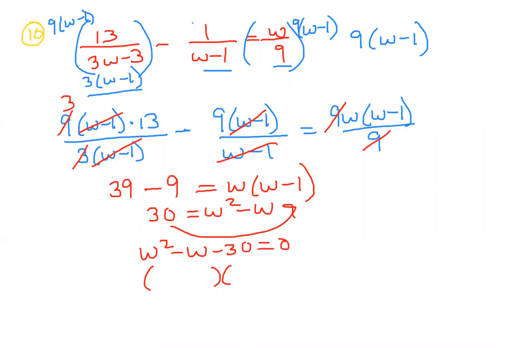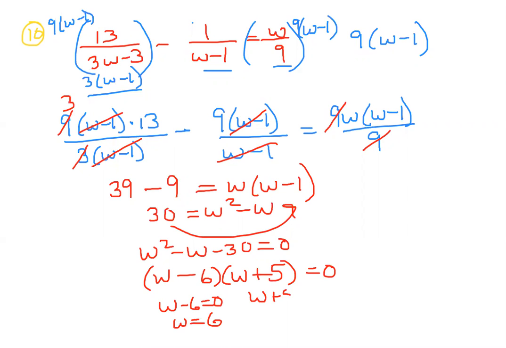And I'm going to get w minus 6 equals 0, or w equals 6, and w plus 5 equals 0, or w equals -5. And let's look to see if we put those in, are we going to get any kind of zeros in the bottom? And we don't. So we have 2 answers for this one.